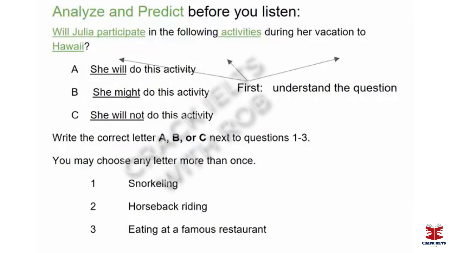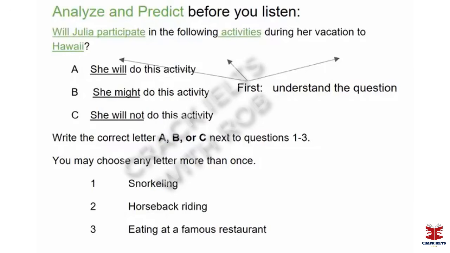There are some questions you should ask. Remember, we're looking at this question set before we've listened to the speakers talking, so there are some things we don't know. Possibly there are going to be other people discussed, other people besides Julia. Maybe there's a person named Eric or Steve or somebody else, and he will participate in different activities than Julia does.